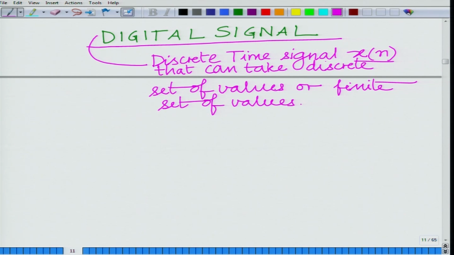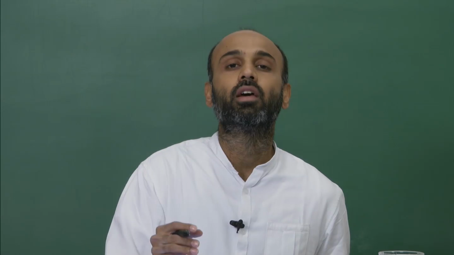or discrete set of values, or basically the size of the set of all possible values has to be finite. For instance, a typical example is x(n) is either minus 1 or plus 1.